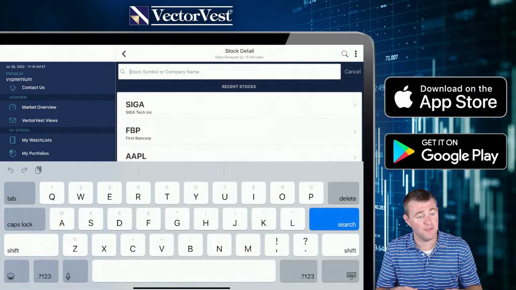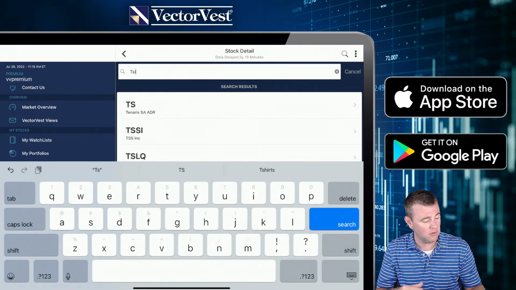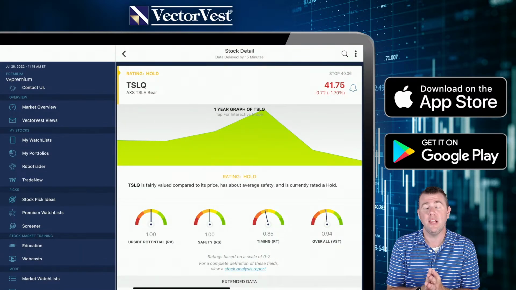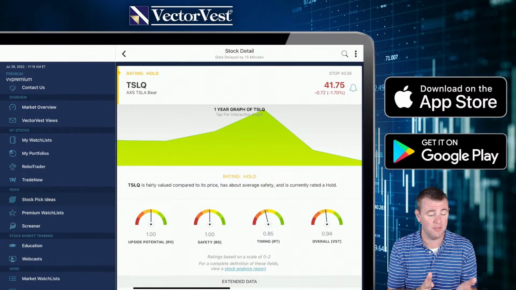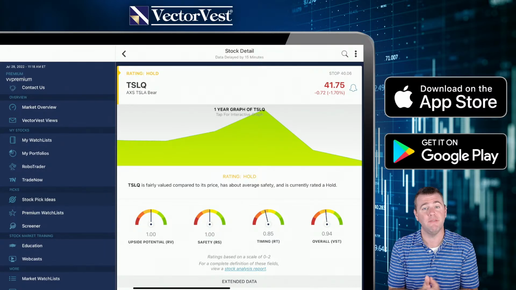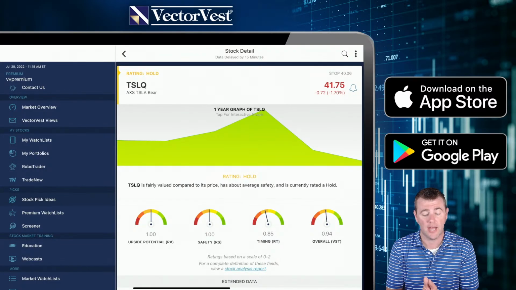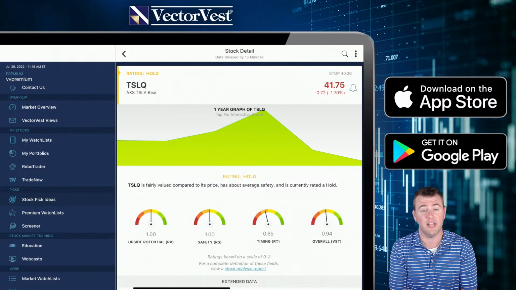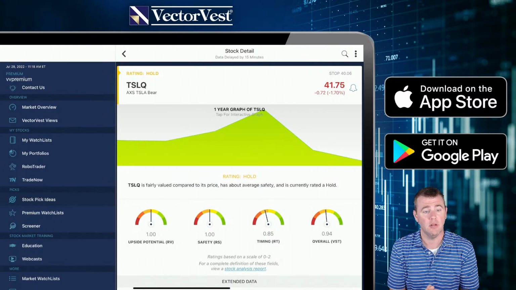Also, Cody, if you're still here, I wanted to show you, we were talking about it the other day, but TSLQ, all of these are now in the app. If you're not familiar with these folks, these are contra ETFs. Some of these even have leverage on individual stocks. They're the very first of their kind. So if you want to short stocks like Tesla or Nvidia or some of the others without having a margin account, you can buy these contra ETFs that give you the same exposure as shorting the stock.